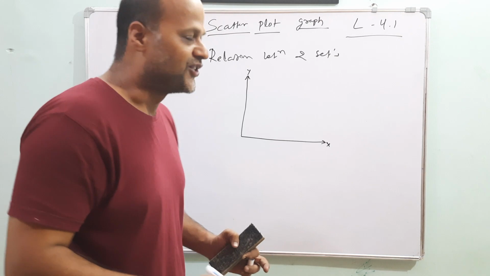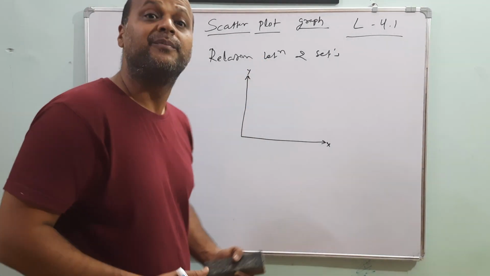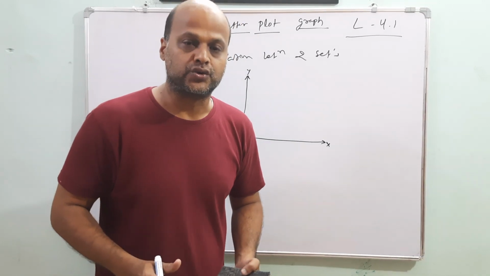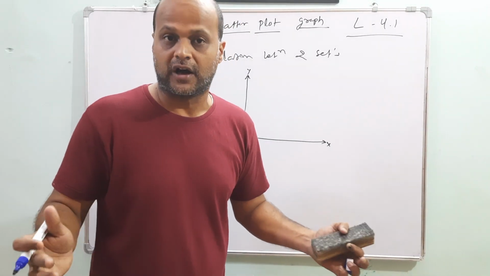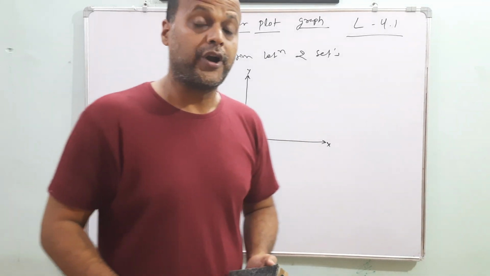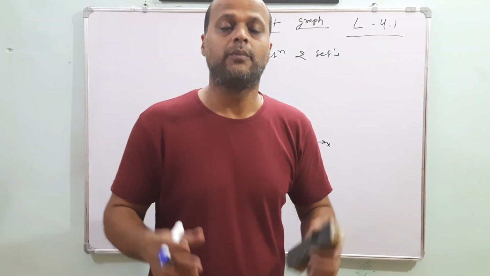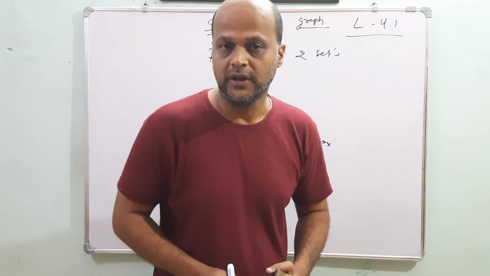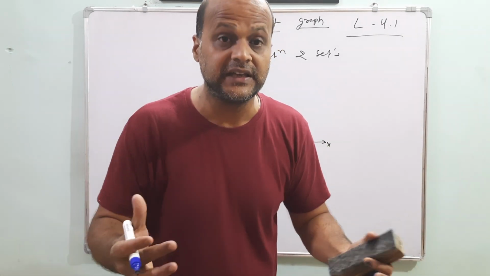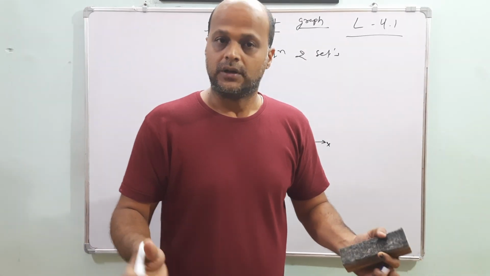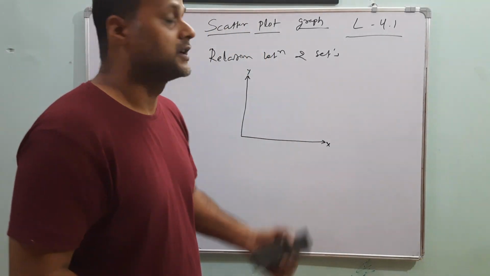This is called a scatter plot graph. If you want to understand it, in lesson 4.1 some important clues are given. Some important words you have to recall so that you can easily solve the various questions coming under the scatter plot.